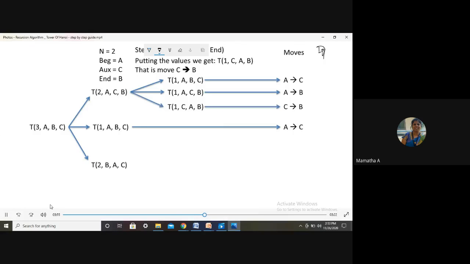Okay, so can you now tell me what's happening here? You can see there are 2 disks on which tower in this case? On which tower do we have 2 disks, students?